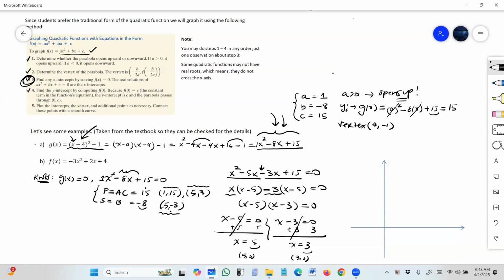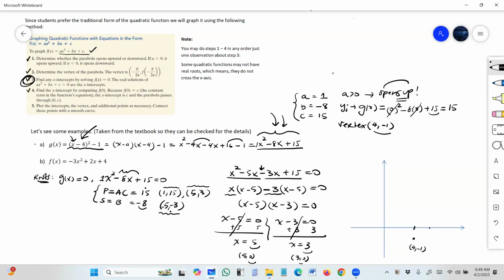So you can begin with the vertex if you want. It's 4, so let's say that 4 is right here, and here's -1. And I know that the parabola opens up, so I'm going to write here 4, -1. I am going to plot now the roots, which are 5, 0, and 3, 0.